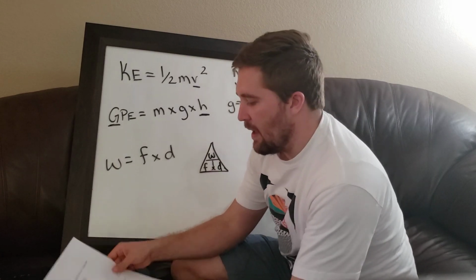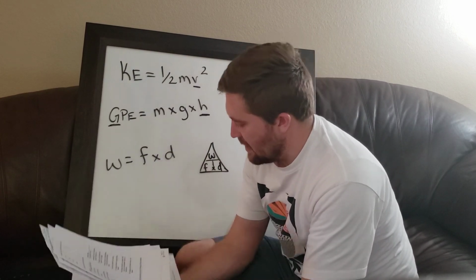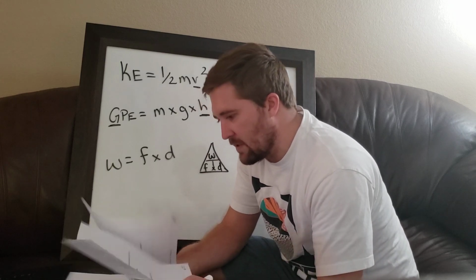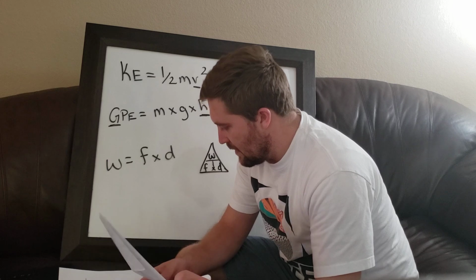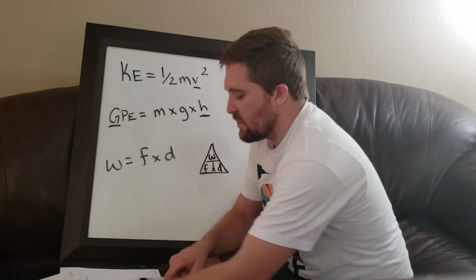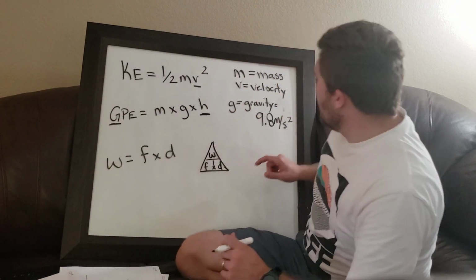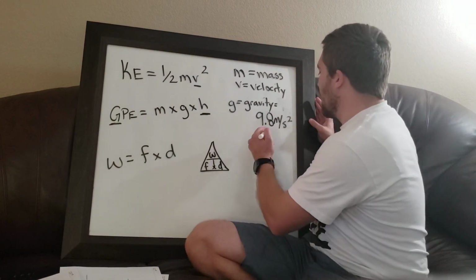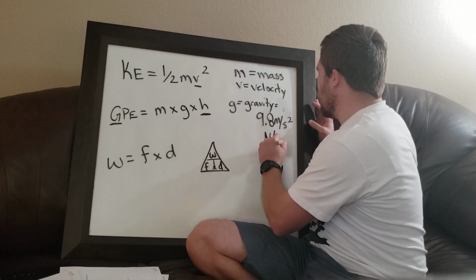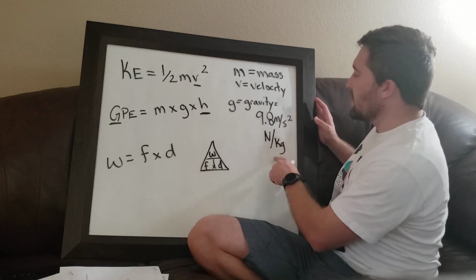Okay? And in this test, let me make sure I'm not showing it to you guys. Remember, in this formula, you can see gravity written as 9.8 meters per second squared, or newtons per kilogram. You could possibly see this on your test.